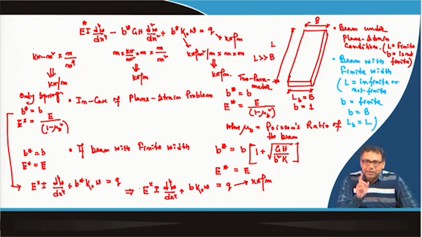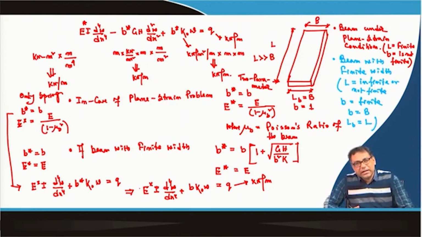Okay. But remember that if you are analyzing the beam under plane strain condition, that means your length is finite, but width is not finite. In such a case, you have to consider B star is equal to B, but B will be equal to unit. So, ultimately when you multiply this B with k0, your B will be unit at that time, clear.